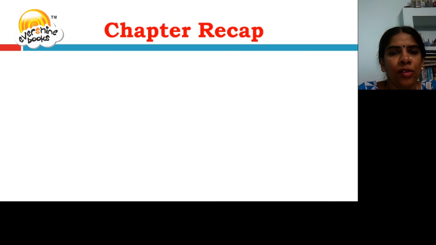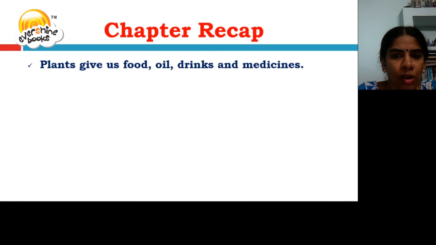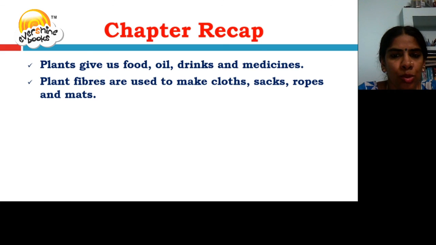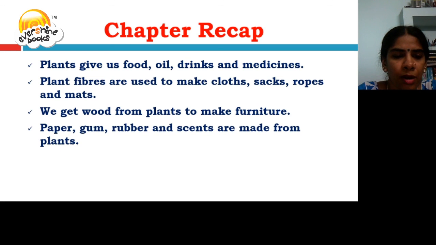Let us have a chapter recap. Plants give us food, oil, drinks and medicines. Plant fibers are used to make cloths, sacks, ropes, and mats. We get wood from plants to make furniture such as chairs, tables, etc. Paper, gum, rubber, and scents are made from plants.